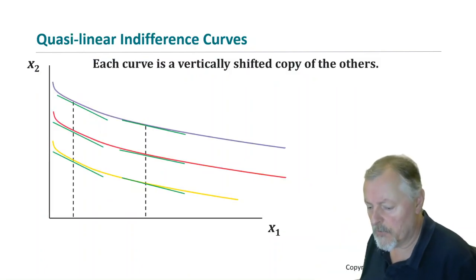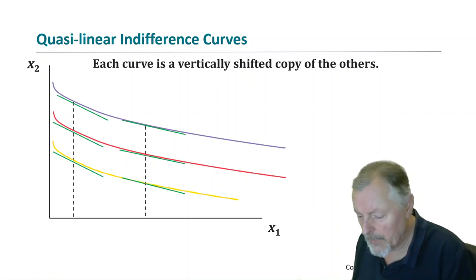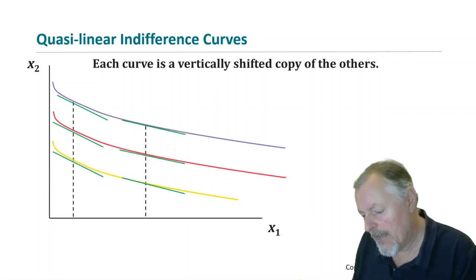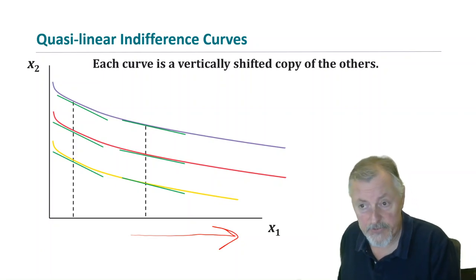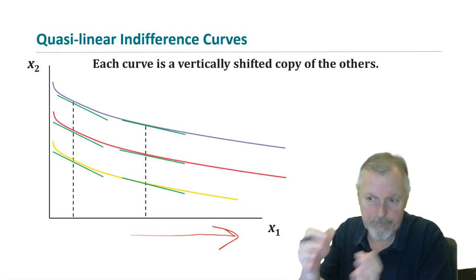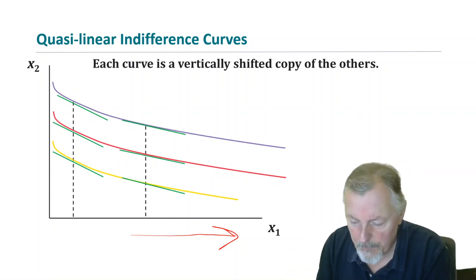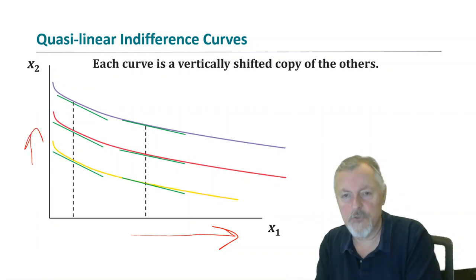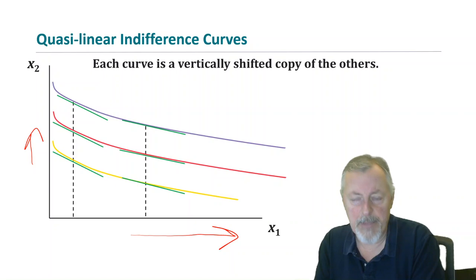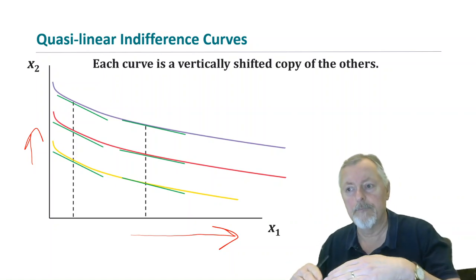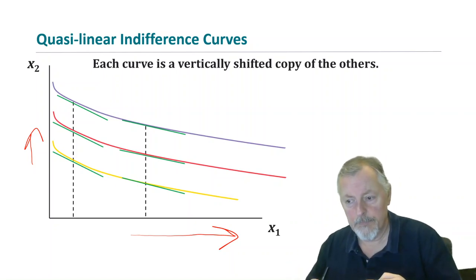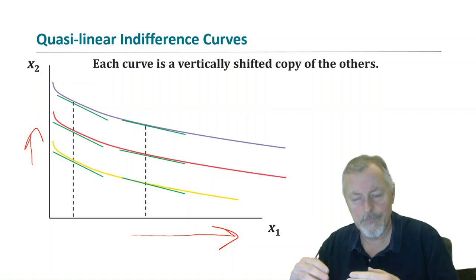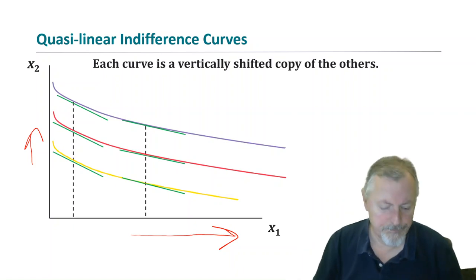Now, these indifference curves, notice that how much extra utility you get as x1 increases, well, that's a curve. But every time you get an extra unit of x2, your utility goes up by the same amount. It's just the same curve, just displaced, translated vertically.